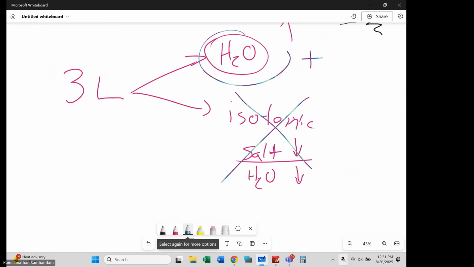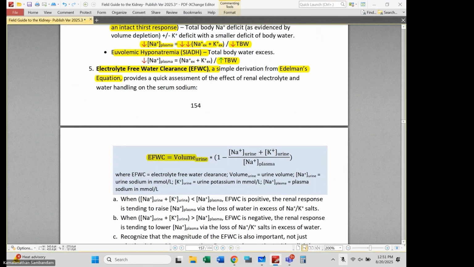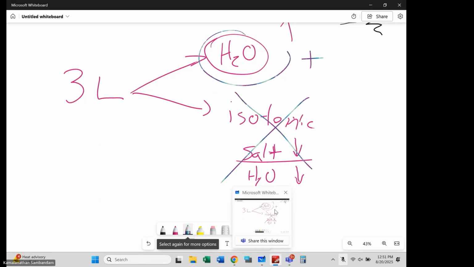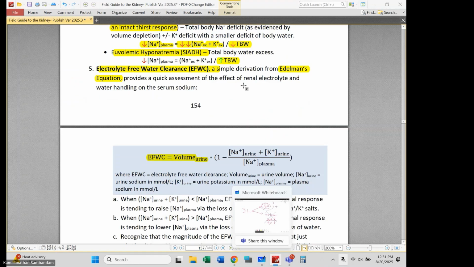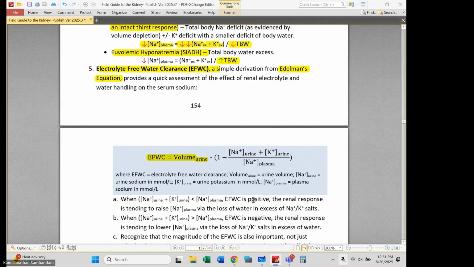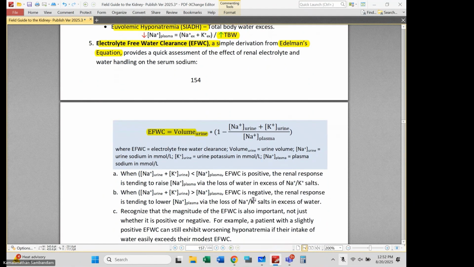You can also calculate an electrolyte-free water clearance and end up with a negative number. That's essentially saying that this urine that you're making is more salt than water and is resulting in a serum sodium that's falling. Okay. It's equivalent to generating free water.